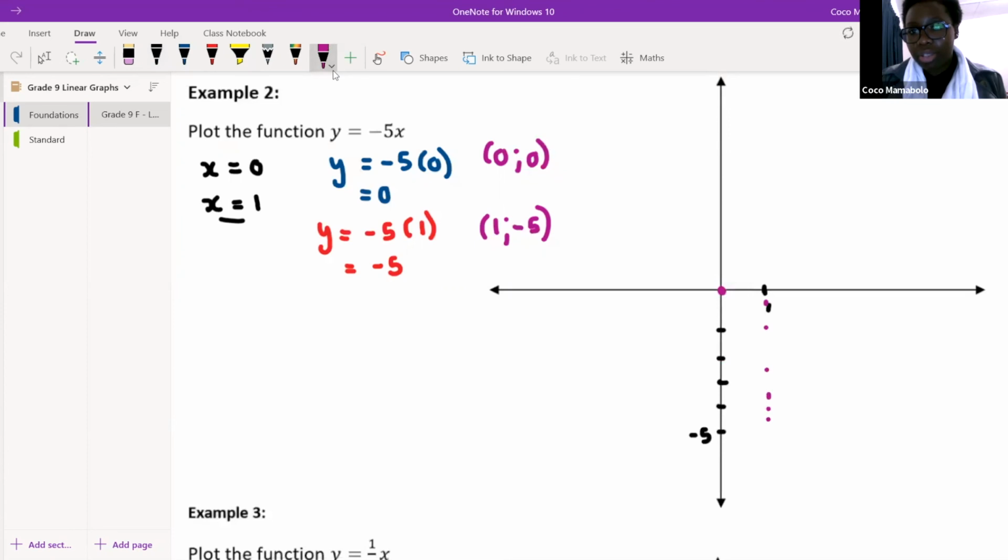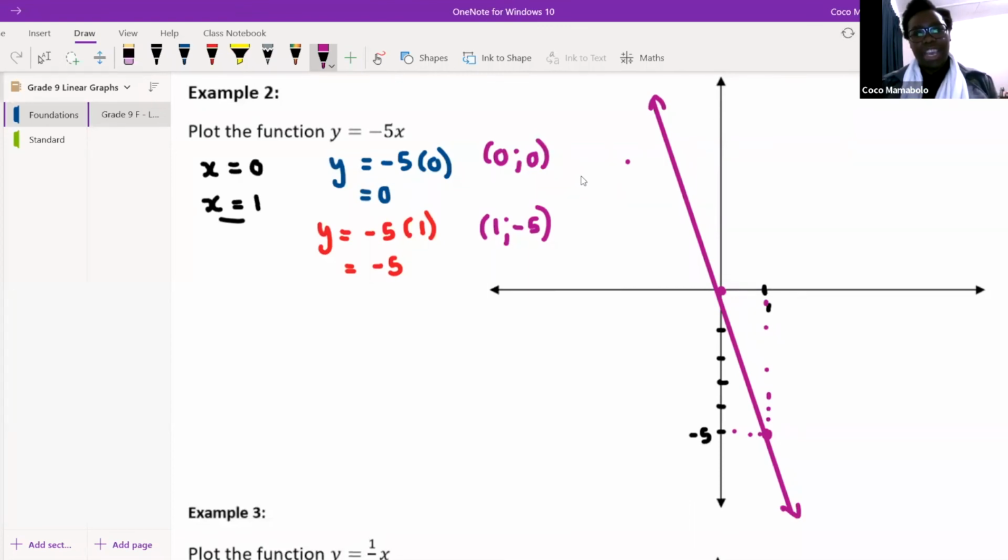Bring that one down. Bring that one down. They meet right there. And then all I have to do is take my ruler and join that dot and that dot. And I'm really sorry if my drawing is not so great. And there we go. Okay, and that's the graph that we want to draw.